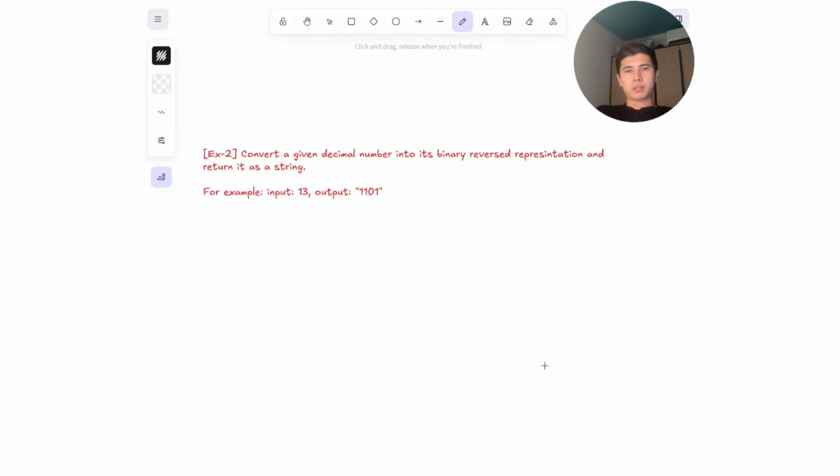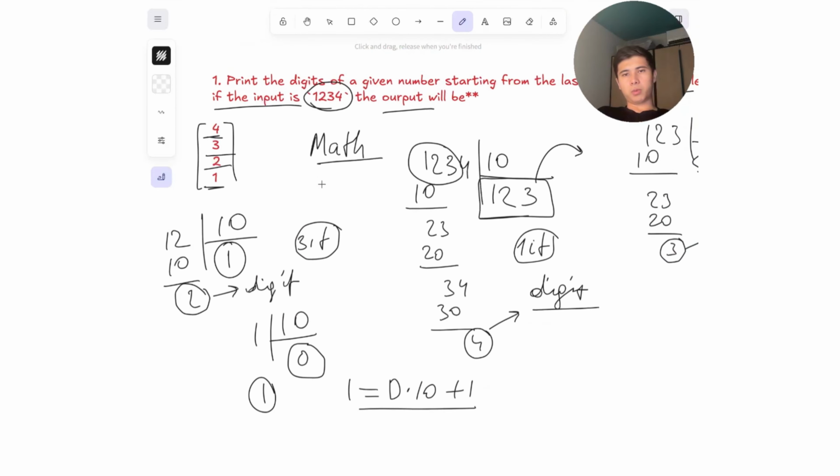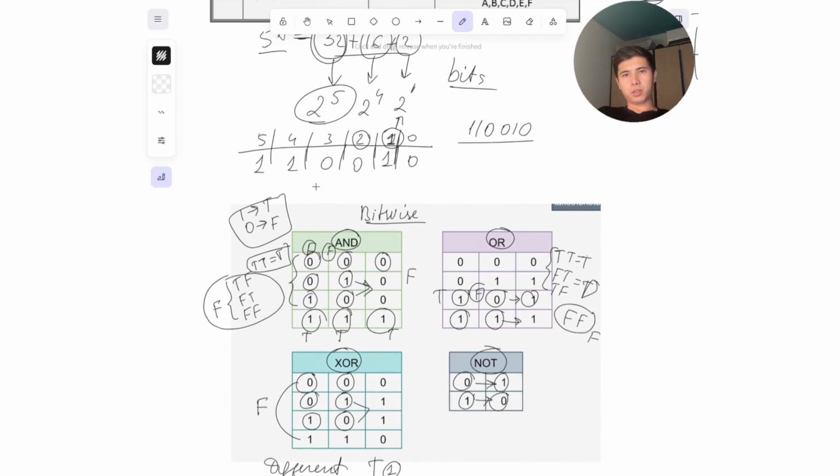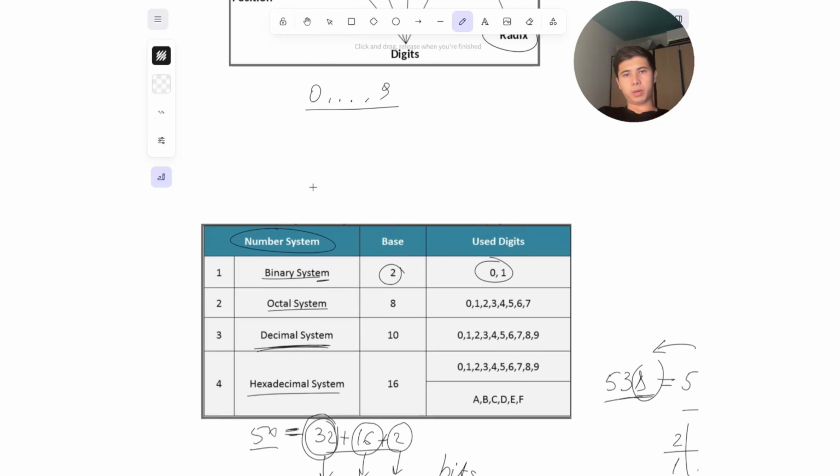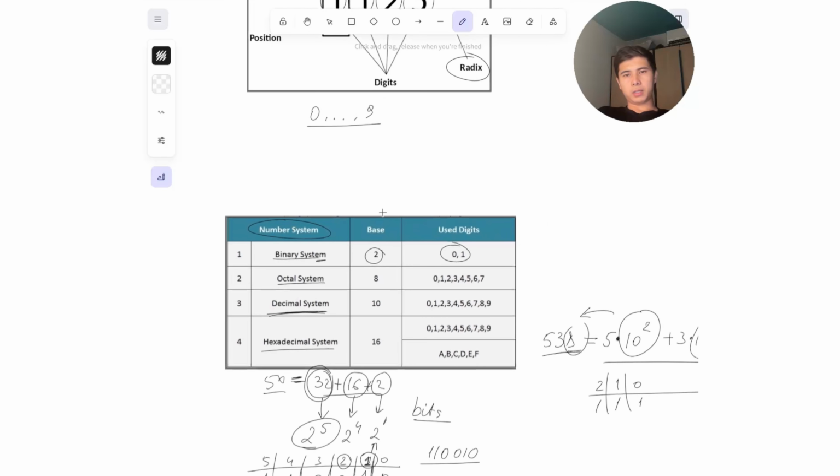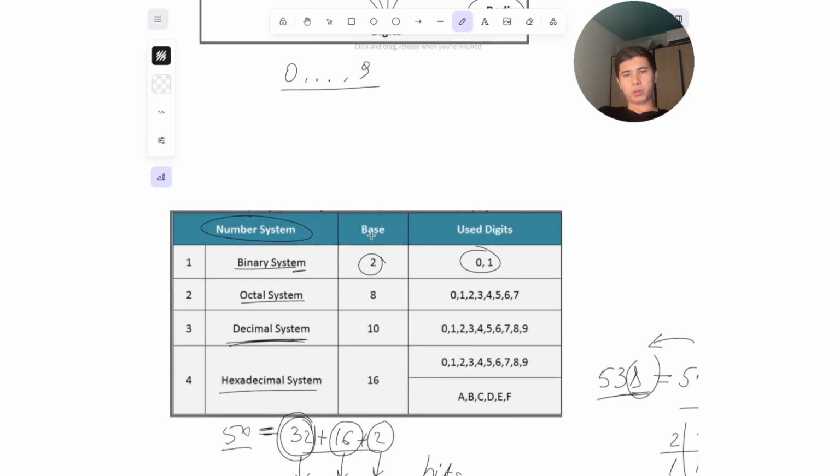Now we can see the next exercise, and it says: convert a given decimal number into its binary reversed representation and return it in string format. As we saw before, the binary system represents base 2, and it's usually used with 0 and 1 digits.